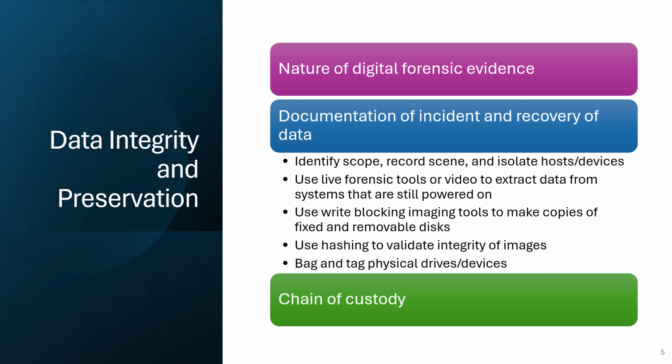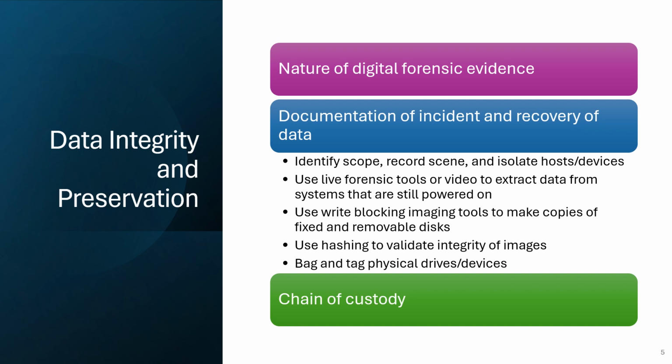Securing the scene and identifying the scope. Some of the key points are: one, identify the scope. Define the systems or devices potentially involved in the incident. Two, record the scene.